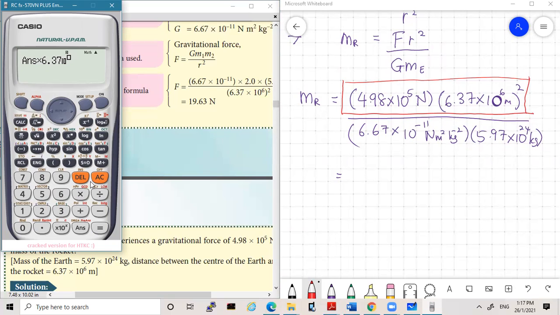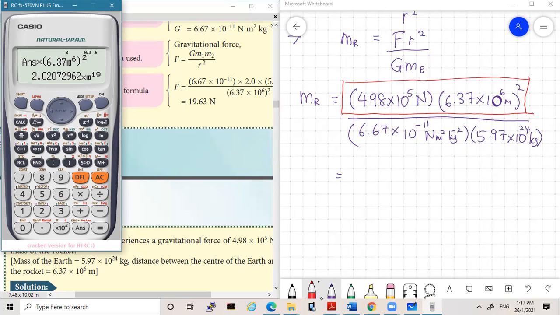Oh, there is a square there, so I would need to put a bracket. So bracket 6.37 shift 10 to the power of 6, and then you need to square the number.